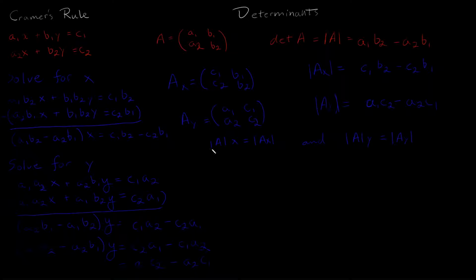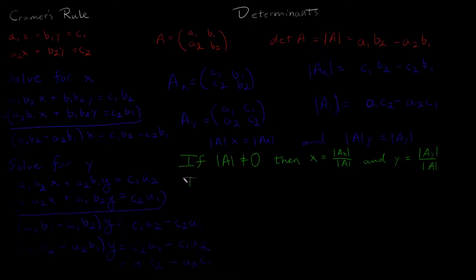Now, if the determinant of A is not 0, then x is equal to the determinant of A x over the determinant of A, and the y value is the determinant of A y divided by the determinant of A. That's typically what you think of when you think of Cramer's rule.